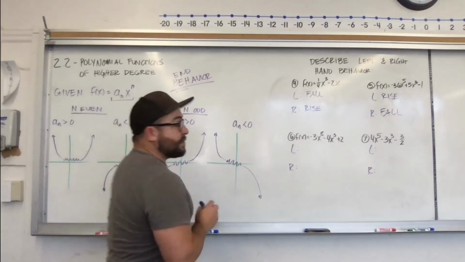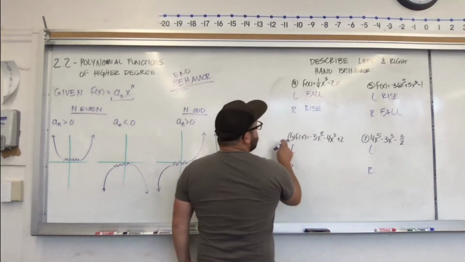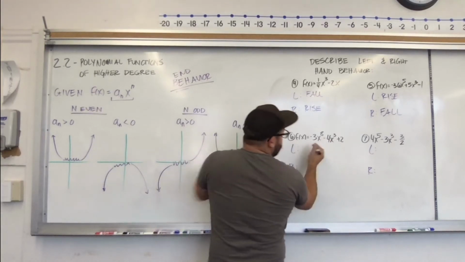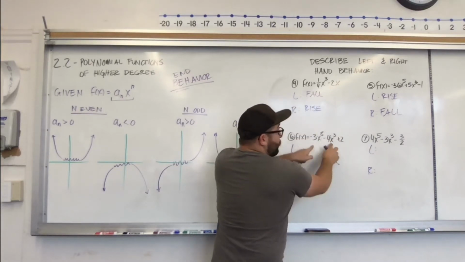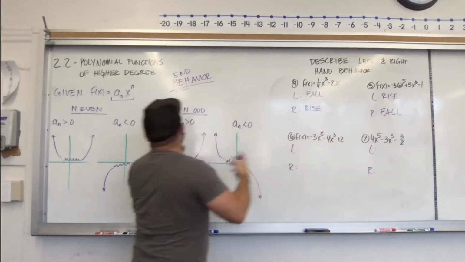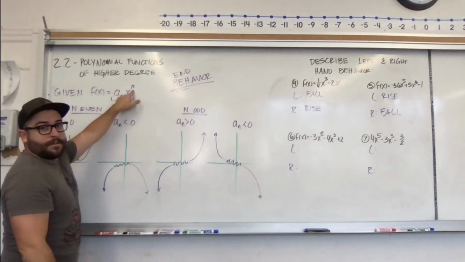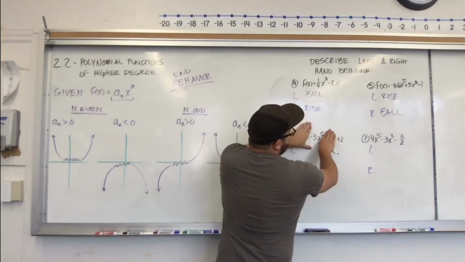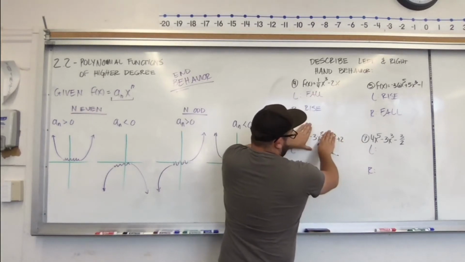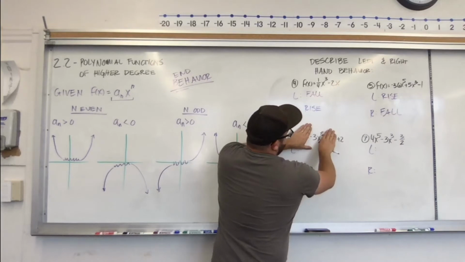All right, hopefully 6 and 7 weren't too bad for you. Number 6. Again, we have three different terms, but I only have to worry about that leading term. That said, I could have rearranged the order. The leading term is always the variable with the largest exponent, the largest degree. So even if this was out of order, I would have to find the one with the highest order.